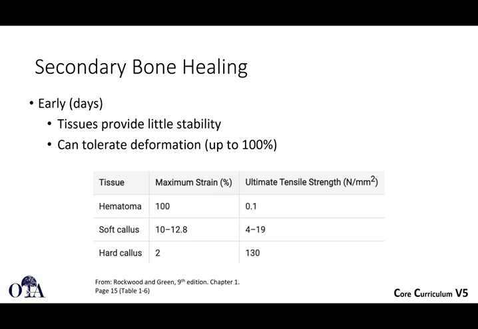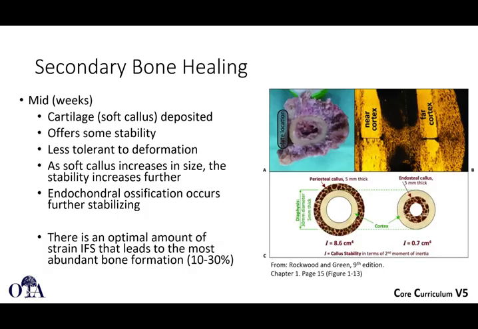So the initial phase provides very little stability, and there can be potentially quite a bit of deformation as shown here, whereas in the soft and hard callus phase there's much less deformation that takes place. In that middle phase you will get cartilage and soft callus that's deposited.